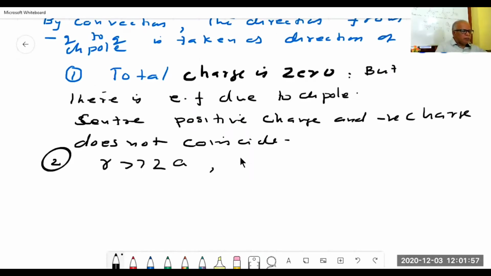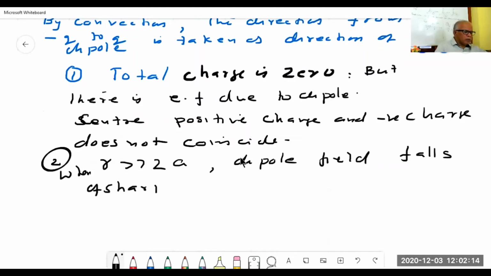The dipole field falls off sharply and approaches zero. So far away from the dipole, the electric field becomes zero. That we can see by deriving the equation.